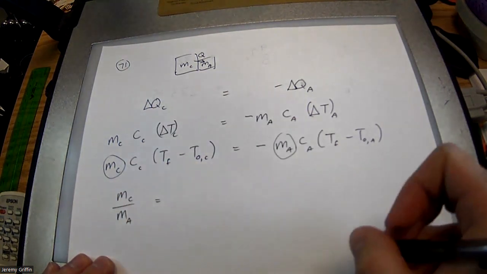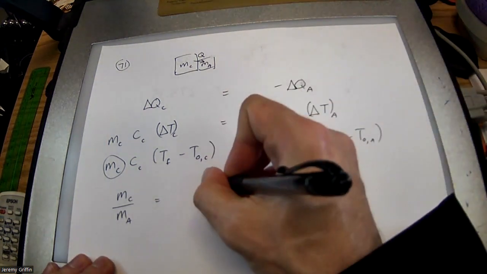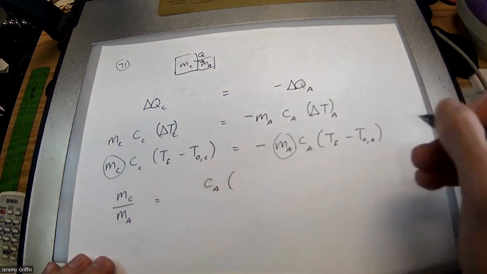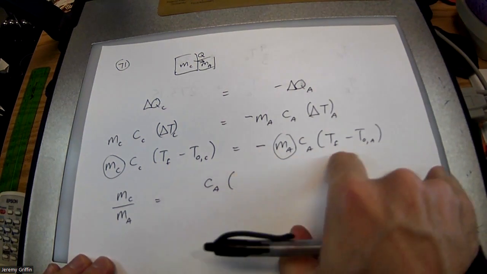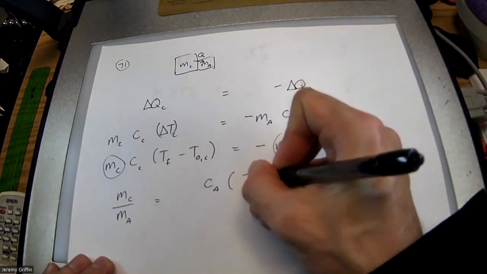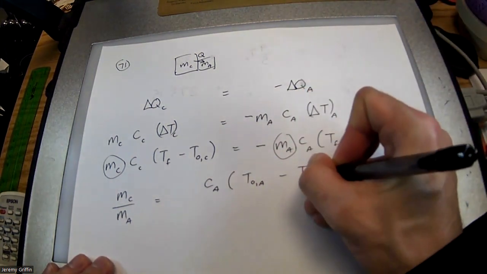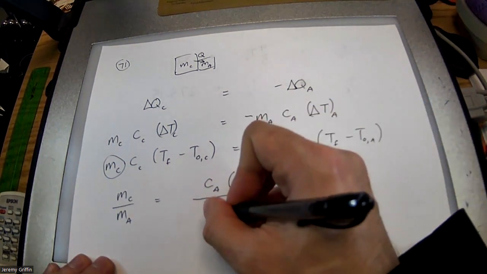That's going to be the specific heat of aluminum times, distributing this negative into here, temperature initial aluminum minus final temperature, all divided by specific heat of copper.